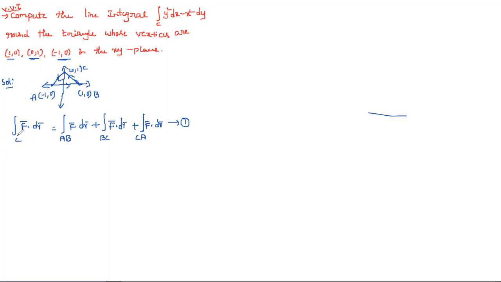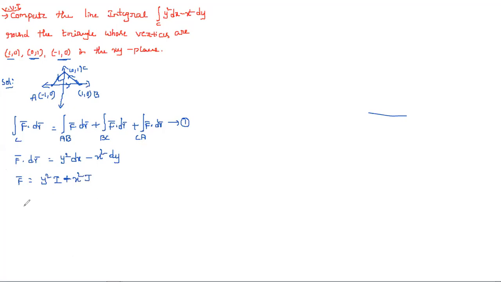And here the integral of f bar dot dr bar, they already mentioned directly in the problem. So f bar dot dr bar is equal to y square dx minus x square dy. It means f bar is y square i minus x square j, right?